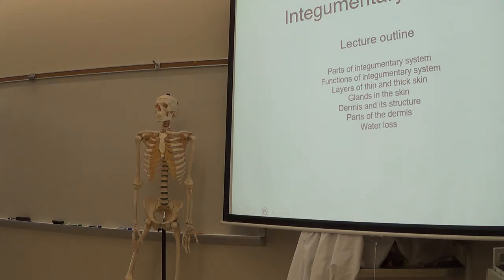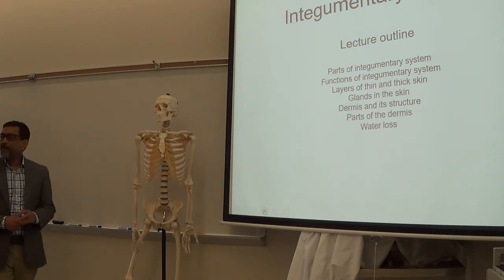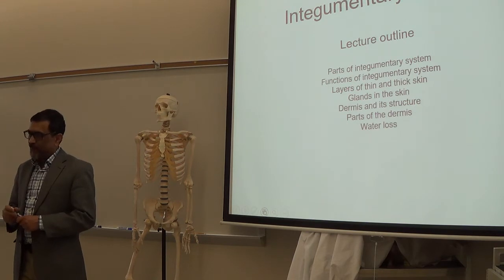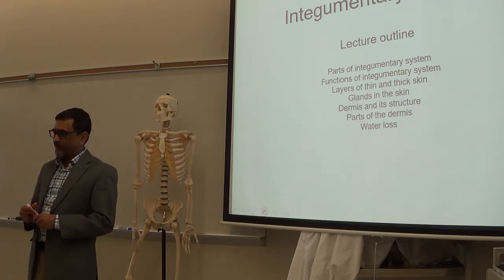Okay. So the parts of the integumentary system, then we'll see the functions of the integumentary system. The main organ of the integumentary system is the skin. So we'll see the structure of the skin, the layers in the skin. Then we'll talk about the glands in the skin.